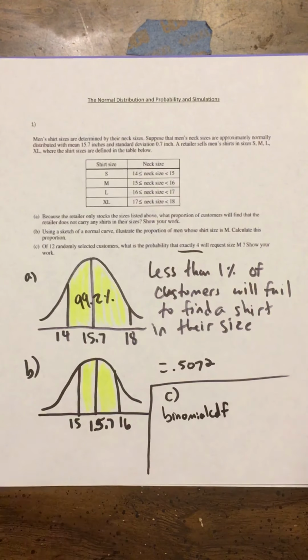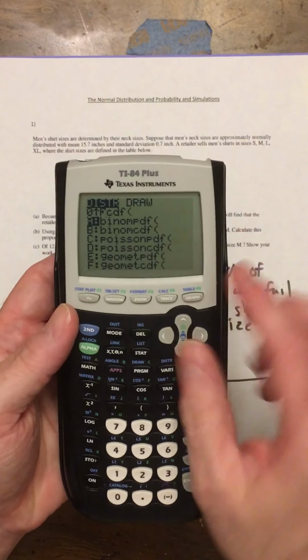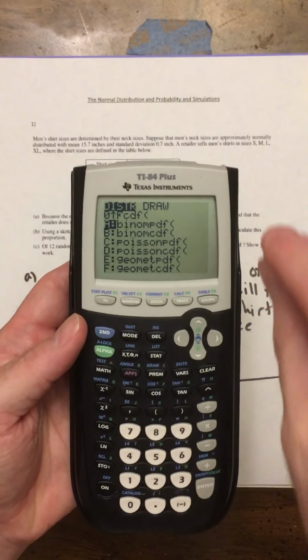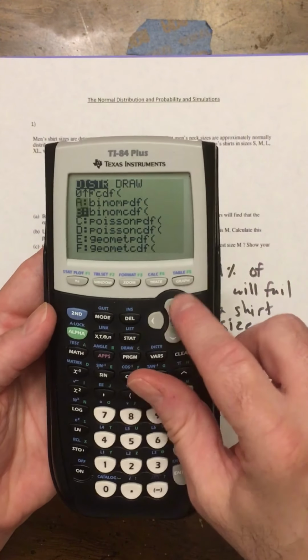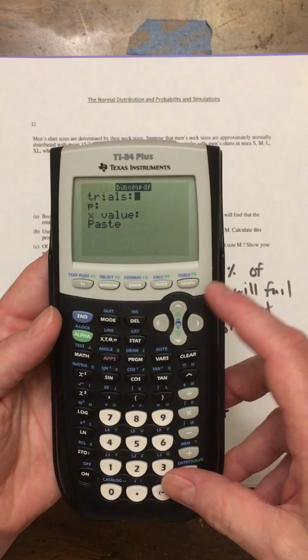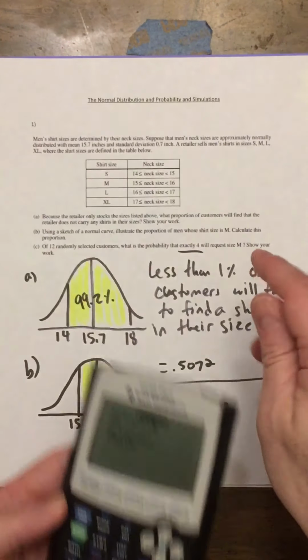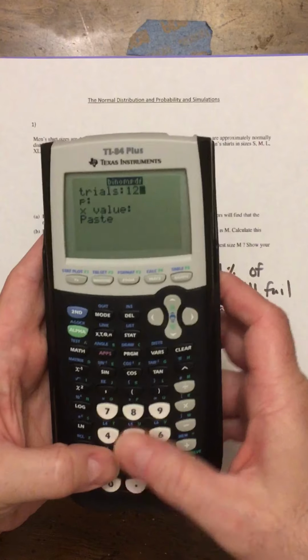If we go into the calculator to check that out, into the distribution, you're going to have to scroll down. This one's going to be a binomial PDF because it's exactly 4. If you wanted a range, you'd do binomial CDF. But we're doing binomial PDF. We're picking 12 customers. That's the number of trials.